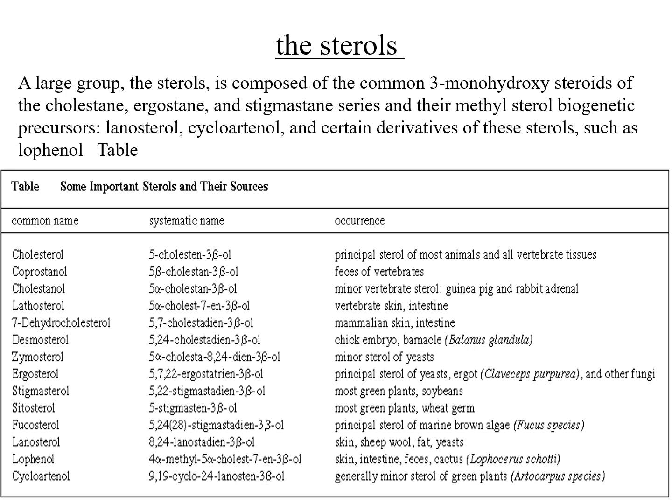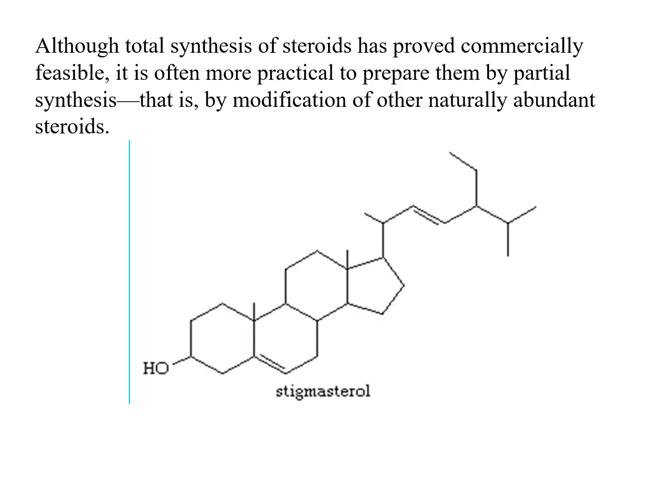For example, if you take cholesterol, the systematic name is 5-cholesten-3-beta-ol, which is the principal sterol of most animal and all vertebrate tissue. And if you take the last one, cycloartenol, which is 9,19-cyclo-24-lanosten-3-beta-ol, it is generally a minor sterol of green plants, the place where these sterols are accumulated.